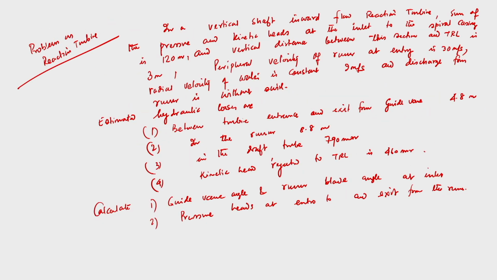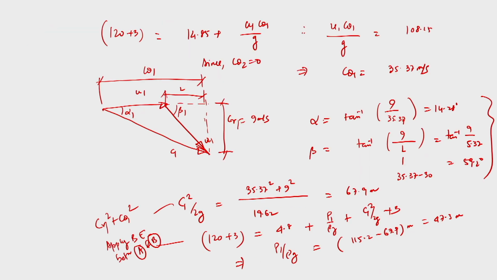Similarly, I can obtain P2. So, P2 by rho g, that is the exit from the runner, plus C2 square by 2g plus 3 is equal to 0.46 plus 0.79 meter total losses. So, from there I can calculate P2 by rho g. Again we have to apply Bernoulli equation between the section at entry and the draft tube and the tail race level. These 0.46 and 0.79 are given.